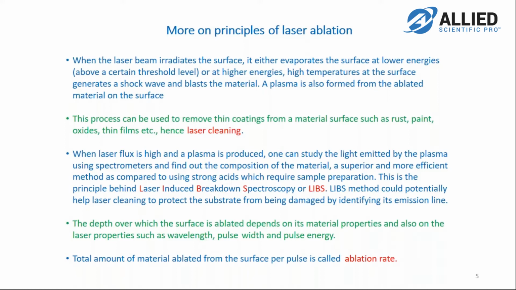So if you're worried about damaging the substrate, you can look with a spectrometer at this plasma and look for the substrate material, the spectral line. Once that is observed, then you know that you have hit the substrate, and you can move your laser beam to another spot or reduce the intensity.